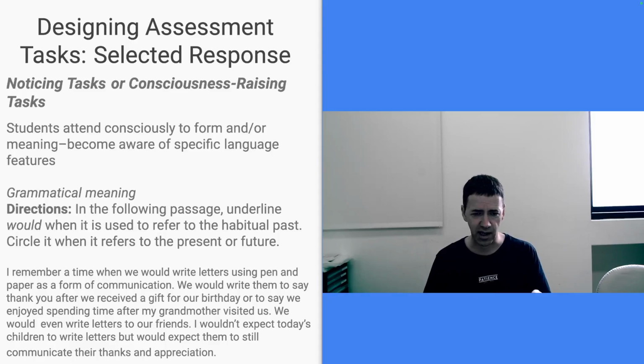Still past. I wouldn't expect today's children to write letters. Okay, here's the present. But would expect them to still, okay, so present or future here. So this one is really good for learning the form, especially if you want them to implicitly learn the rule. You could do something like this. Formative assessment. Summative is okay too, but I would try formative.